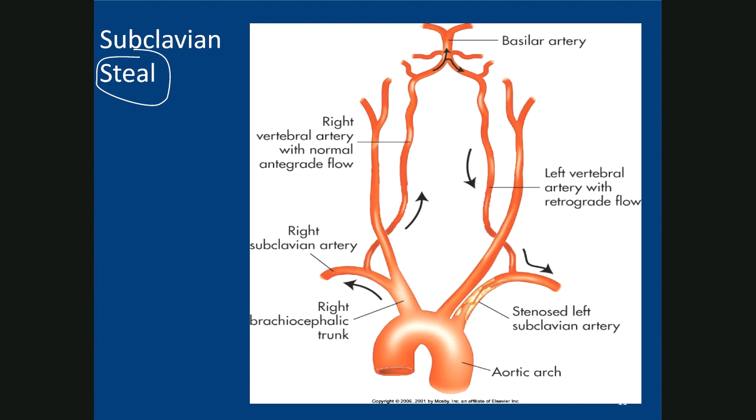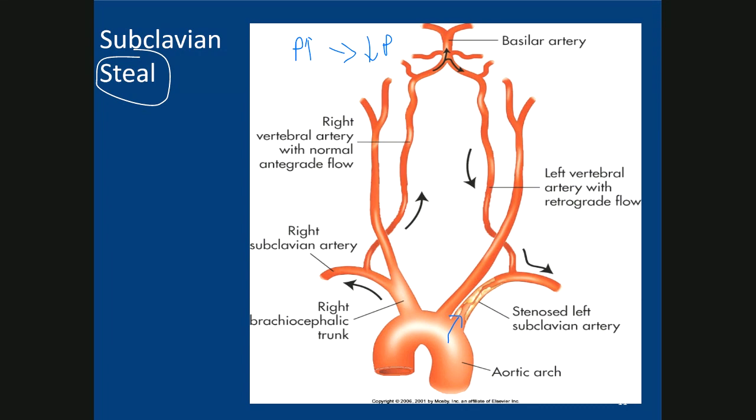If the blood is supposed to be going through here, but it's too narrow and very little is getting through, blood is going to move from an area of high pressure to an area of low pressure, right? So if there's not a lot of blood here, the pressure is very low.